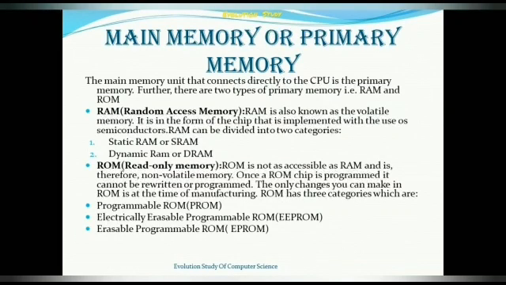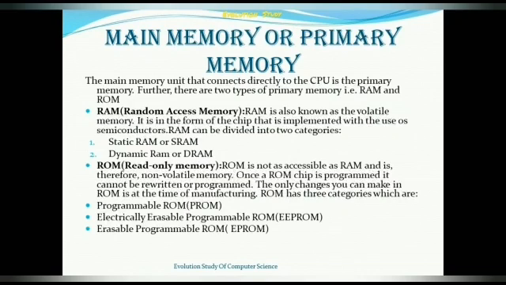RAM, or the random access memory. RAM is also known as the volatile memory. It is in the form of a chip that is implemented with the use of semiconductors. RAM can be divided into two categories: static RAM or SRAM and dynamic RAM or DRAM. ROM or read-only memory.